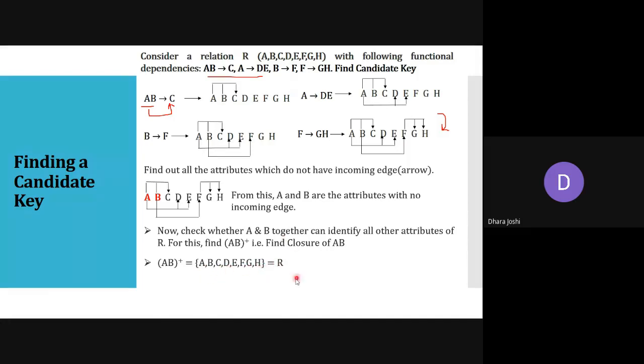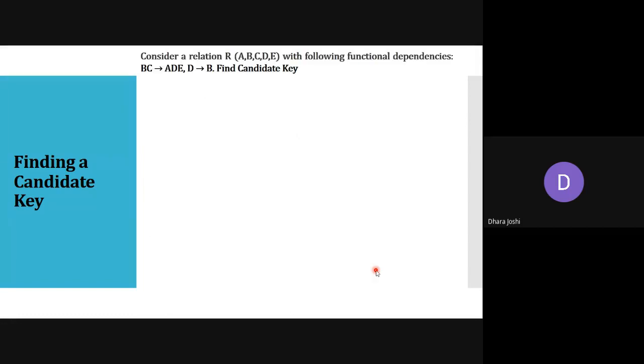That means the entire relation R. So we can say that due to these two attributes A and B, we are able to find the complete relation R, and that's why we can announce that AB is a candidate key. We have completed till this in the last session, and now we are starting with the next example.